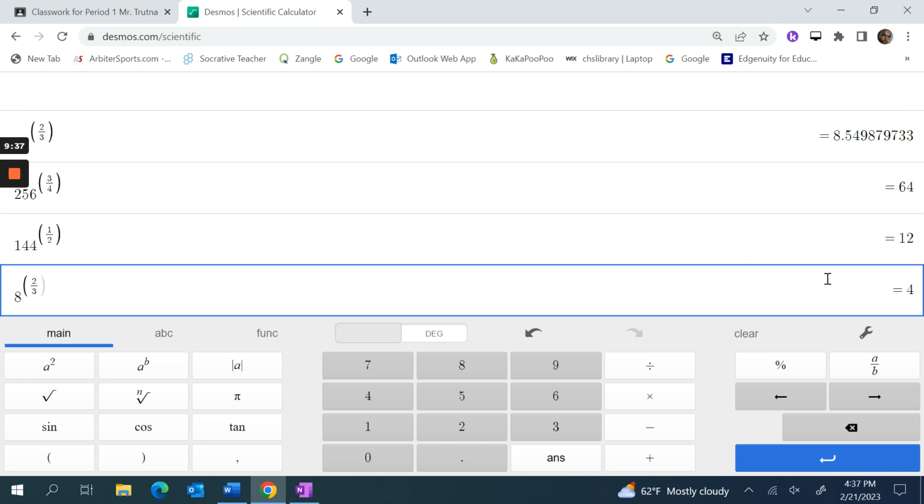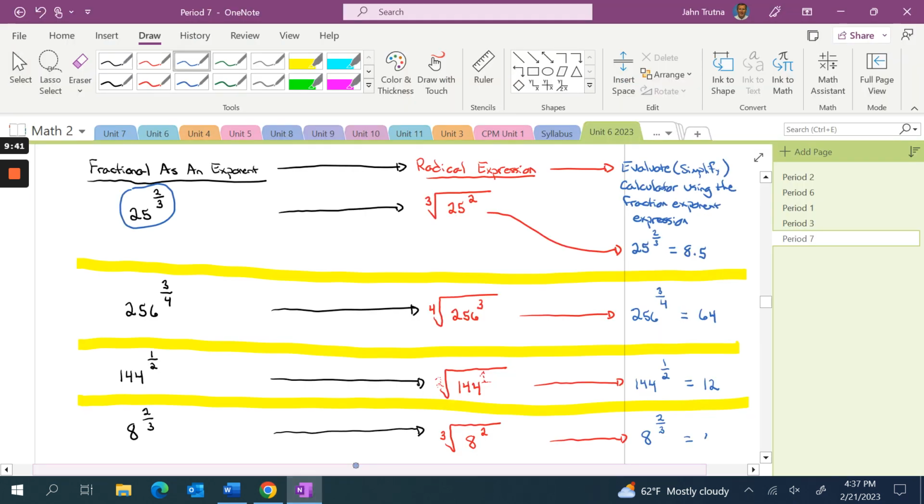So 8 to the 2/3 power is equal to 4. Okay? 4. There we go, you guys. There are examples of how to convert something that has an exponent that's a fraction into a radical expression, and then how to evaluate an expression that has an exponent as a fraction.